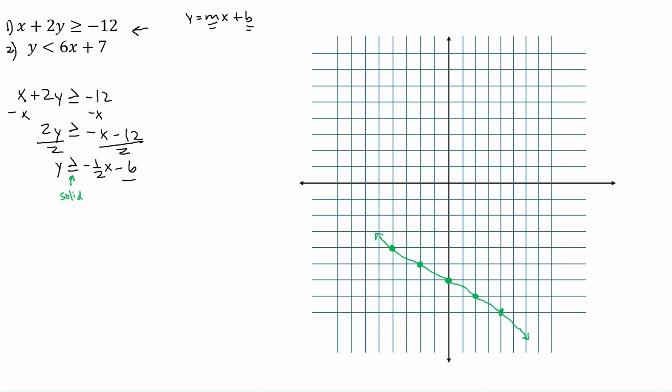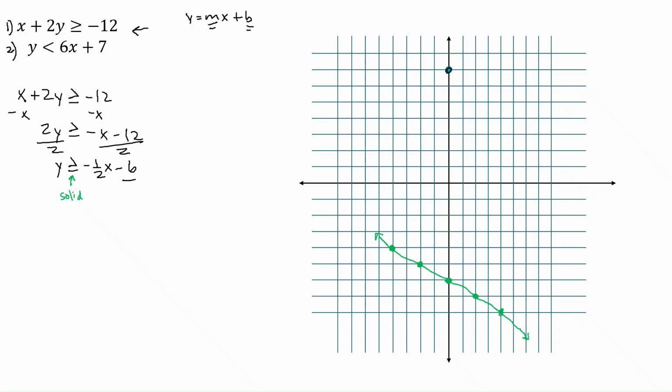Now, number two, y is less than 6x plus 7. So we're going to go to a y-intercept of 7. 1, 2, 3, 4, 5, 6, 7. Okay. Now we have to go up 6 and over 1. Now, I can't really do that going as high as, oh, see, that ended up being in the same color.